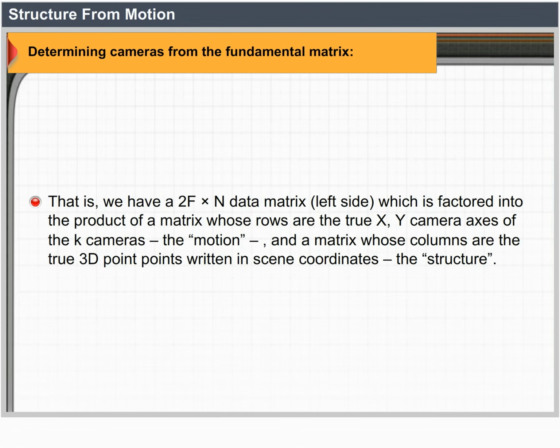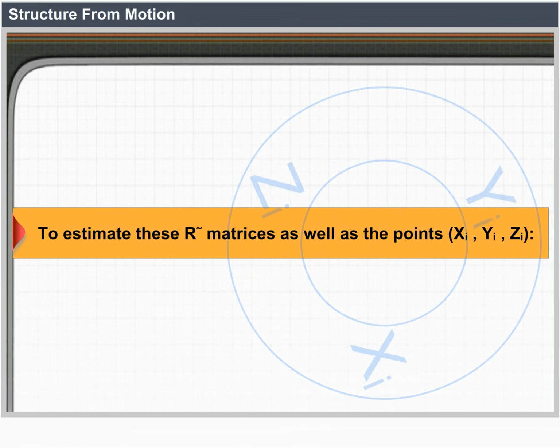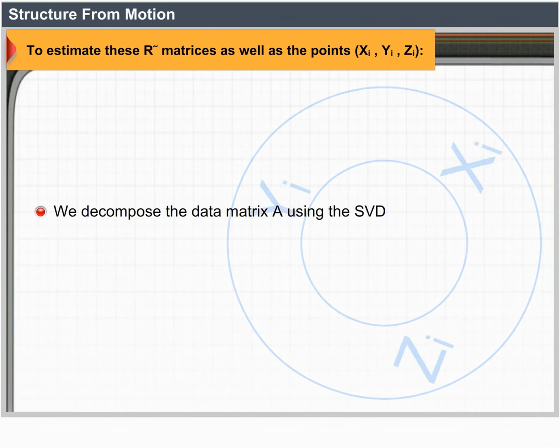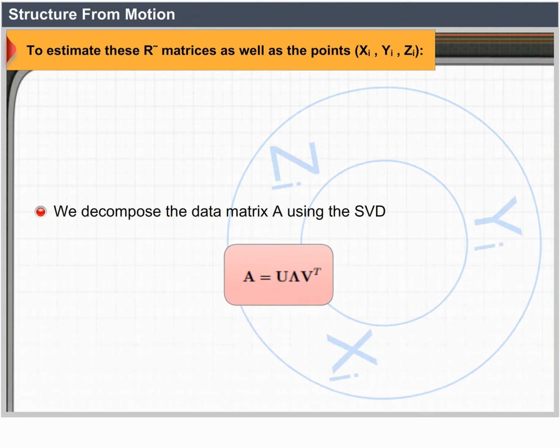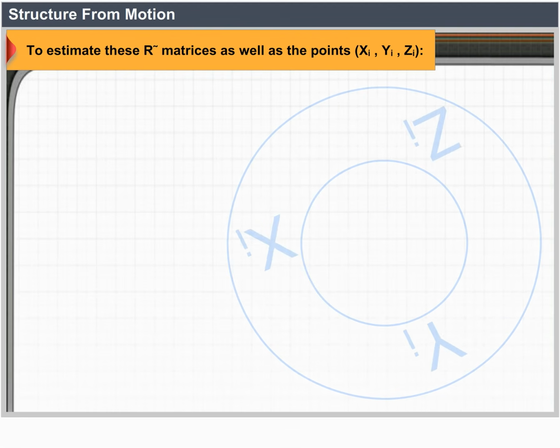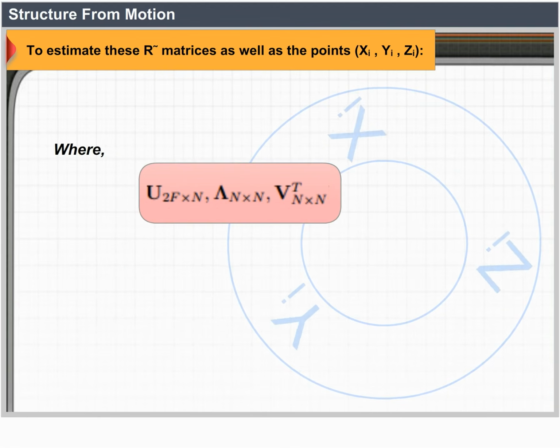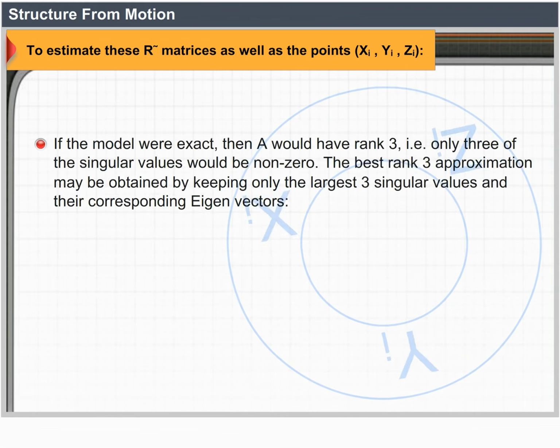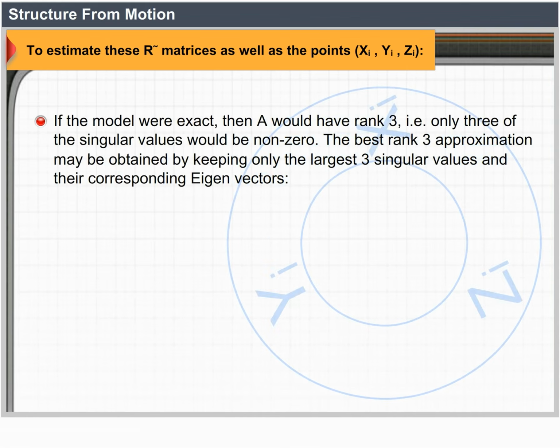To estimate these R' matrices as well as the points xi, yi, and zi, we decompose the data matrix A using the SVD, A equals U Σ V to the power t, where U is 2F cross N, Σ is N cross N and V to the power t is N cross N. If the model were exact, then A would have rank 3, that is, only 3 of the singular values would be non-zero.